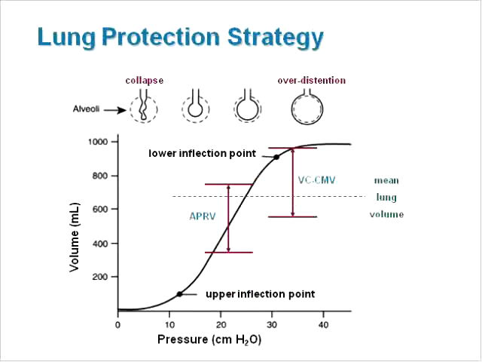Now, this figure summarizes the potential lung protective benefits of APRV over conventional volume control ventilation. For the same mean lung volume, APRV is shown operating at lower end inspiratory lung volume, avoiding the overdistension that volume control is shown causing in this example.